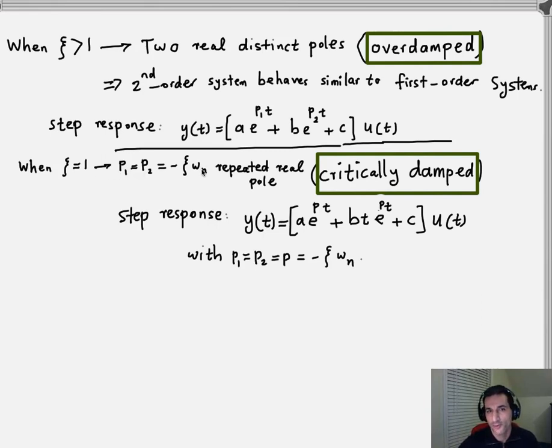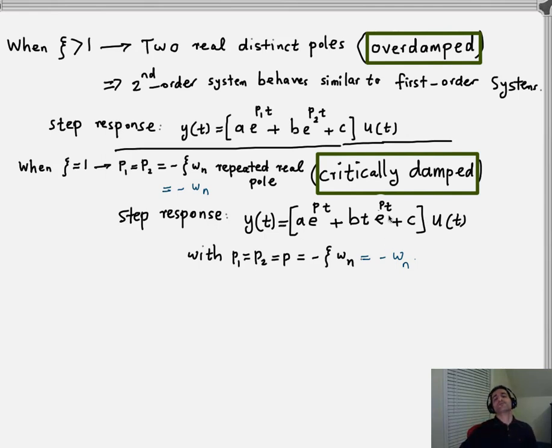Now when zeta is equal to 1, as we saw in the previous slide, both poles are going to be the same, negative zeta omega n. Since zeta is equal to 1, it's just negative omega n. That's much simpler. In this case, the response of the system is going to be an exponential term, e to the power of pt, then a t multiplied by e to the power of pt, plus a c term, which is your forced response. That's your step response.